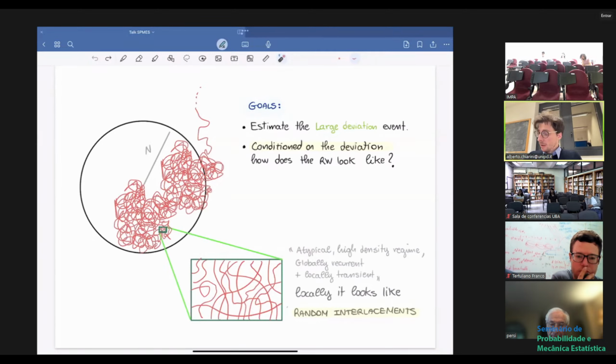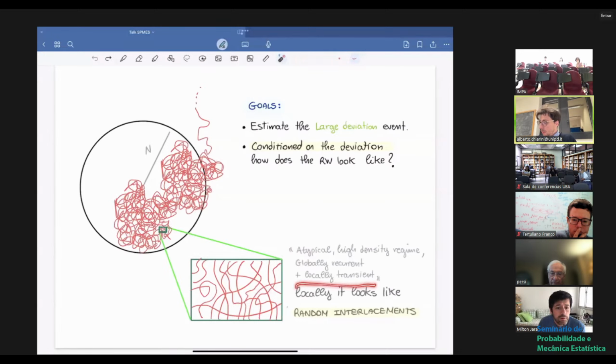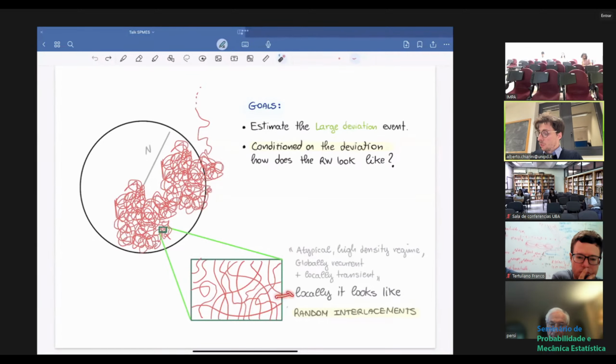And so if we are in such a situation with a typical high density regime, what I want to show to you today is that the random walk locally looks like random interlacements.